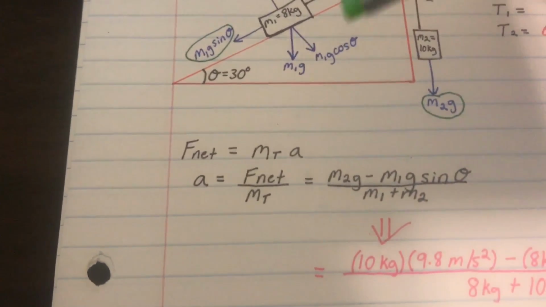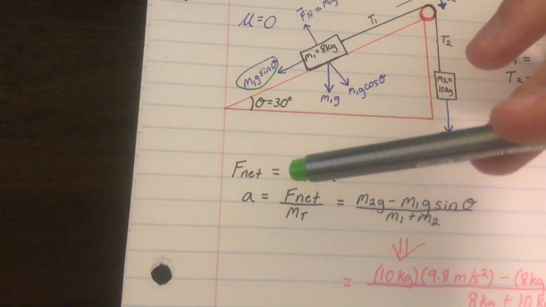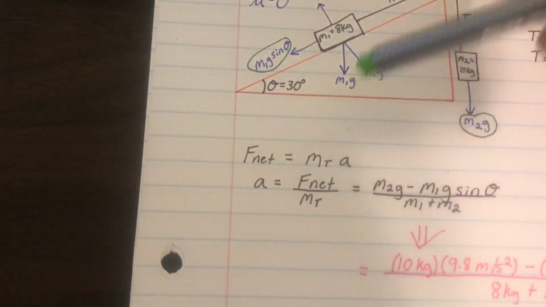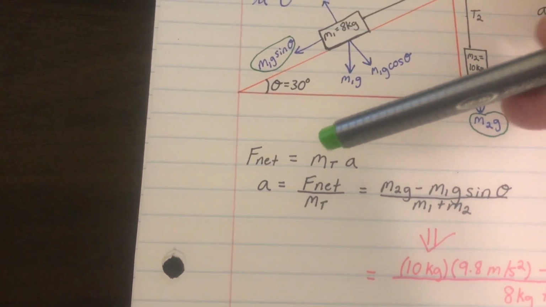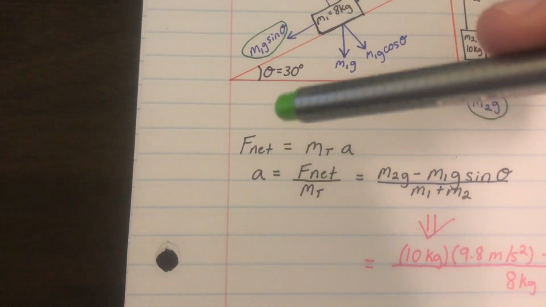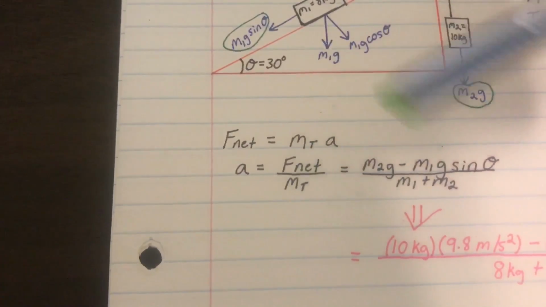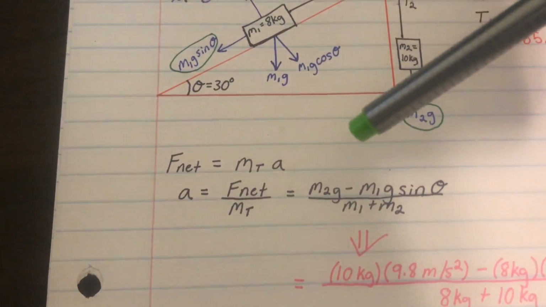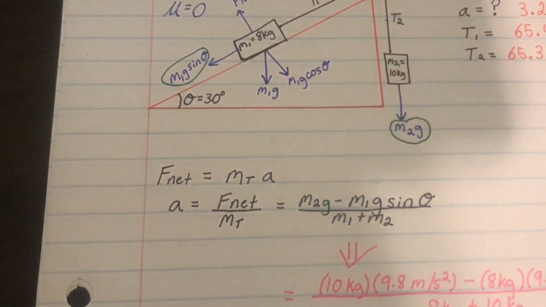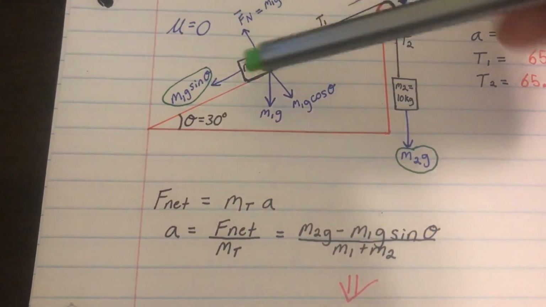So I went ahead and wrote down F net. This is Newton's second law. F net equals the mass total times acceleration, and then I converted that to acceleration equals F net divided by mass total, and then for my F net, I took m2g minus m1g sine theta.